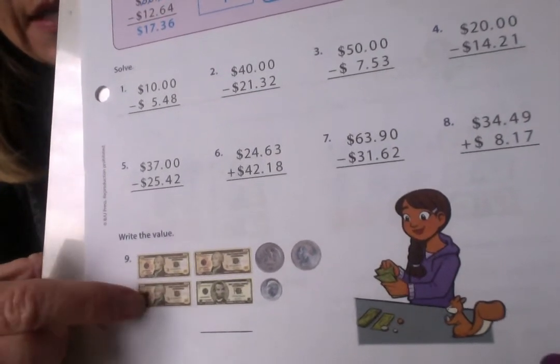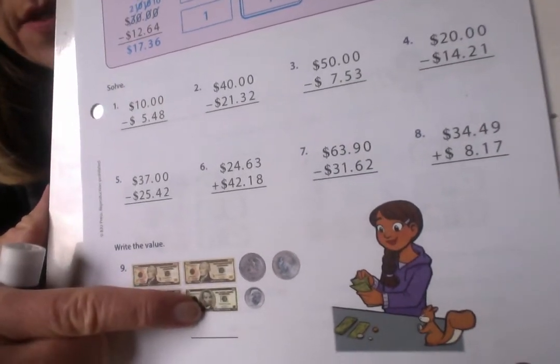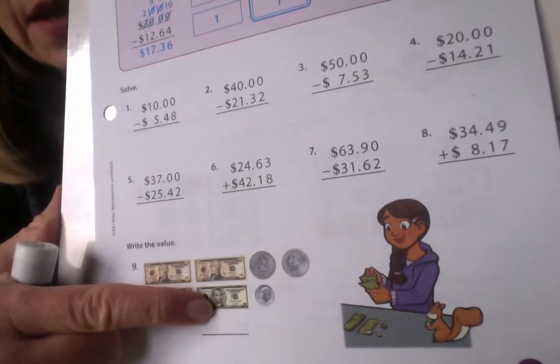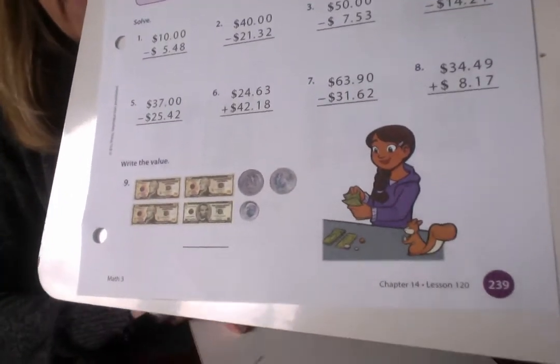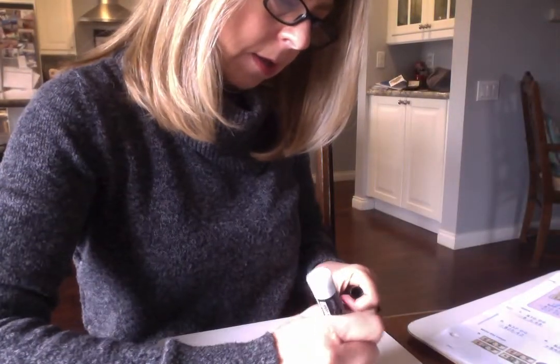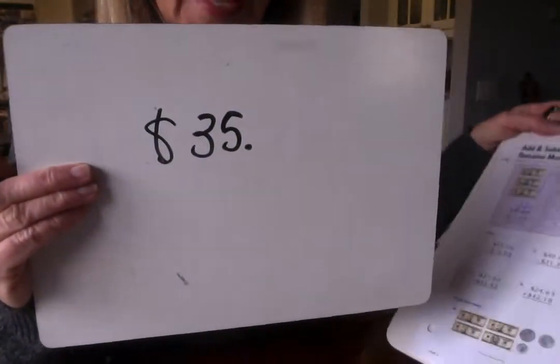So we've got 10, 20, 30. Then add the 5 on, so now we've got $35. And then we want to count our change. So let's just write our $35 down, and the decimal point tells us to say and.